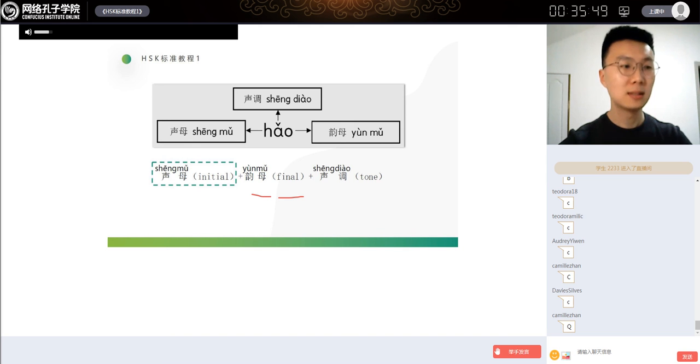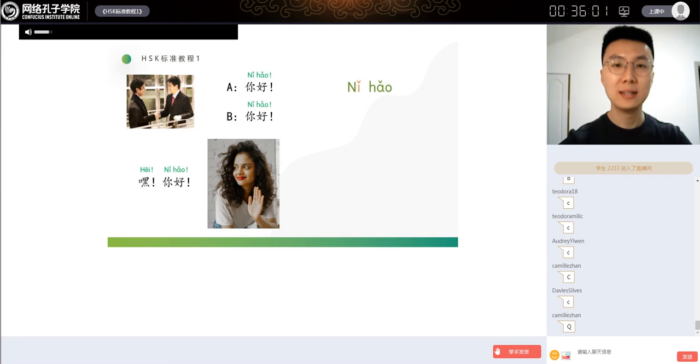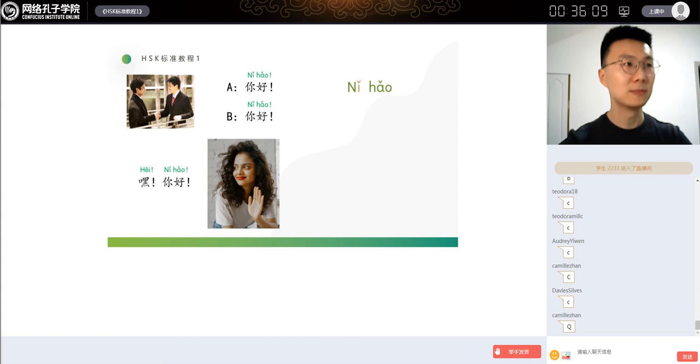With pinyin, now we can read 汉字. We can read Chinese characters like this. 你好. When Chinese people meet with each other, we can say 你好 to each other. Okay, now let's listen to the first dialogue. You can try to read after it.